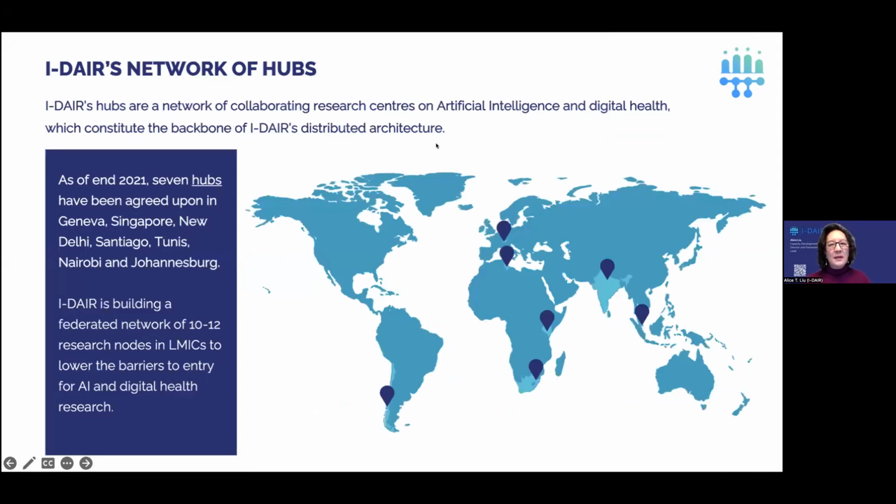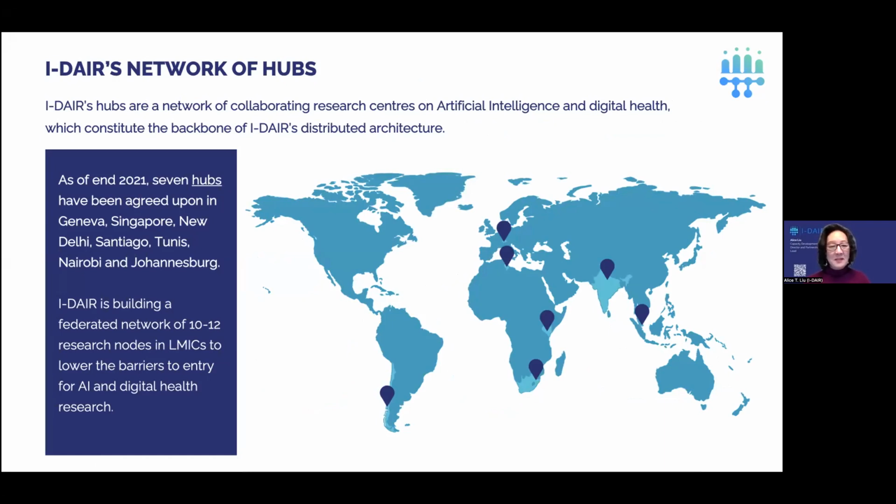So we began with establishing 7 hubs, as we call them, collaborating research centers, based in Geneva, Singapore, New Delhi, Santiago, Chile, Tunis, Nairobi, and Johannesburg. And I believe one of our Nairobi colleagues may be in this breakout room, but I know I saw him in the earlier meeting from APHRC.